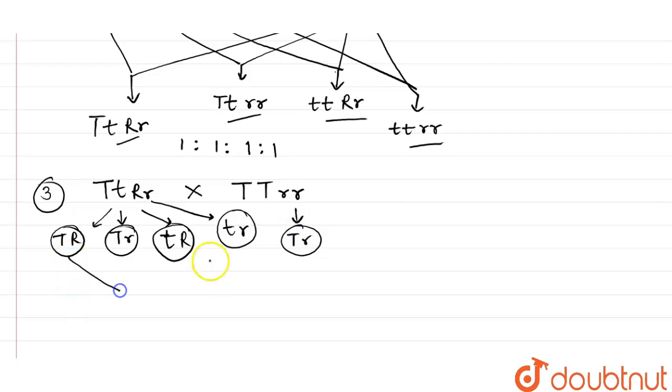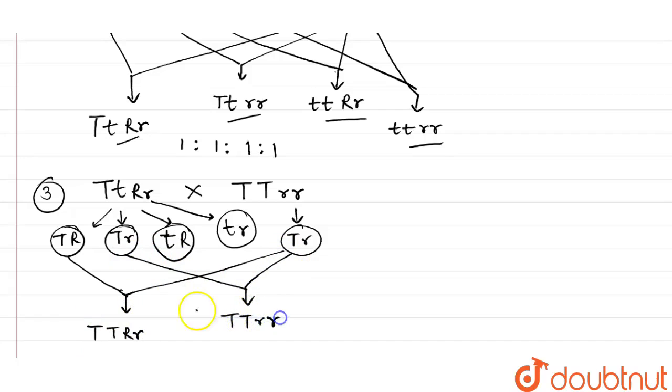So let's have the cross. When we cross these two, we get tall and round. When we cross these two, we get tall and wrinkled.